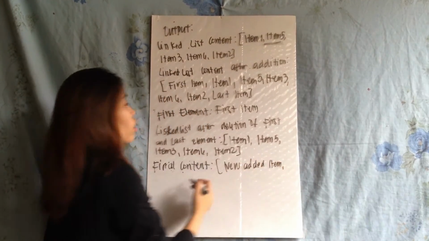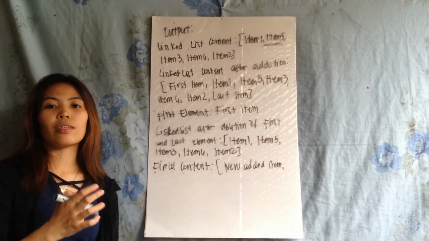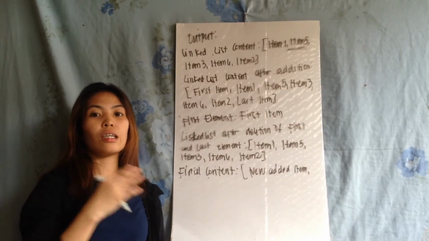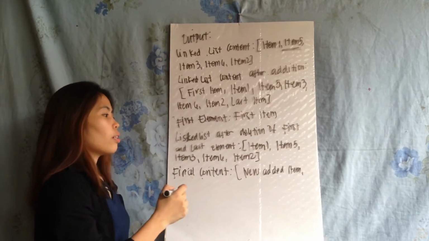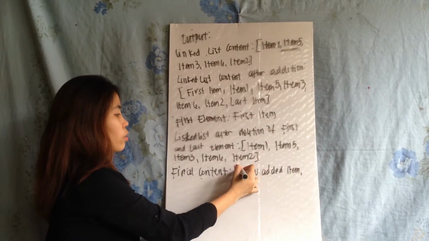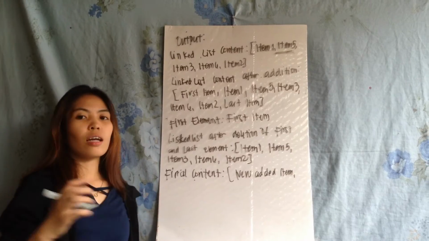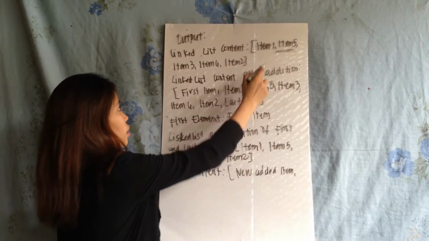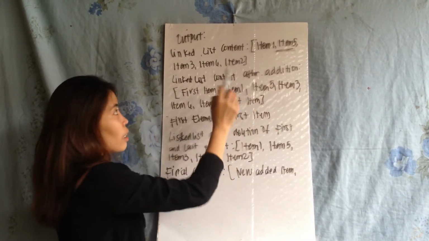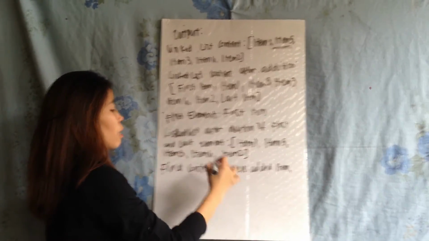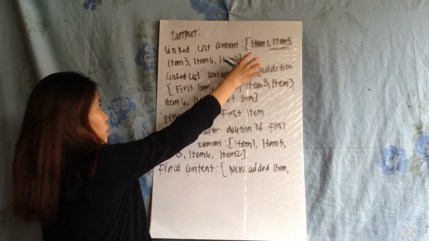Kung mapapansin nyo kanina dun sa program natin, gumamit muna tayo ng System.out.print, open parenthesis, 0, comma, and yung etong ginamit natin newly added. So, para ma-display natin dito yung mga natirang item kasi nag-remove tayo ng item 5. Ginamit natin yung 0 para mai-display natin itong mga to.